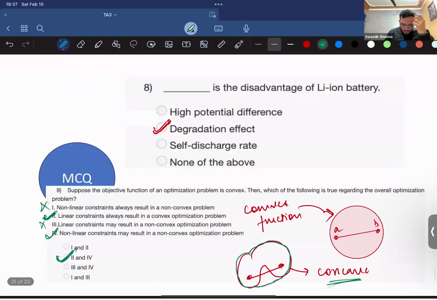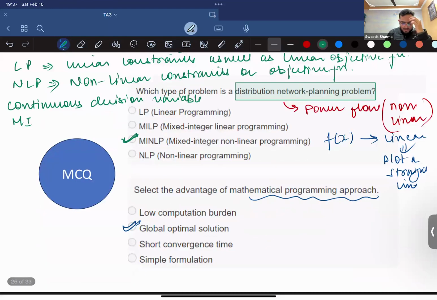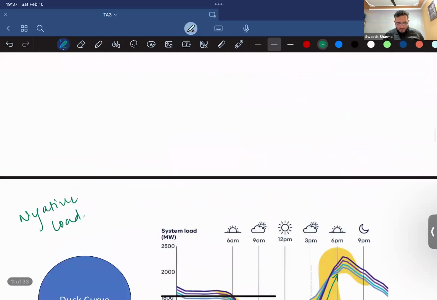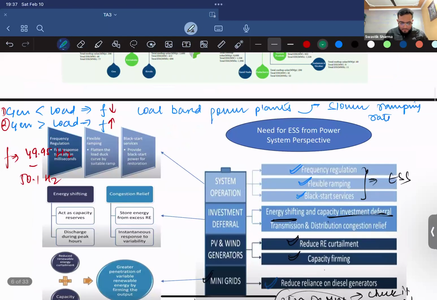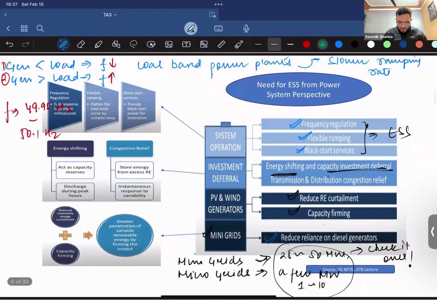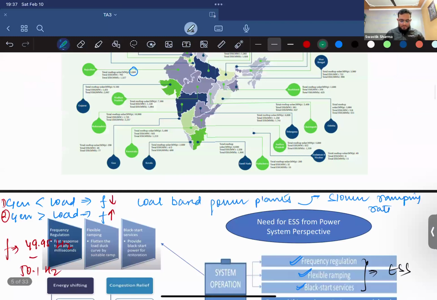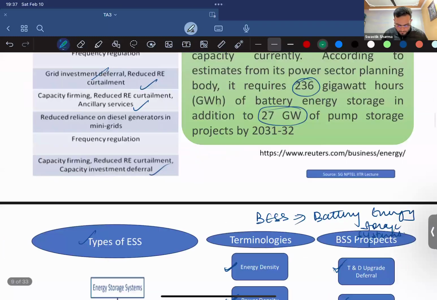So this is all for the MCQ. So today we discussed energy storage systems. Specifically, we dealt with why we need energy storage systems, and how coupling them with the grid currently could help us alleviate some of the problems that I mentioned. Then how they are different from system operations and other aspects.